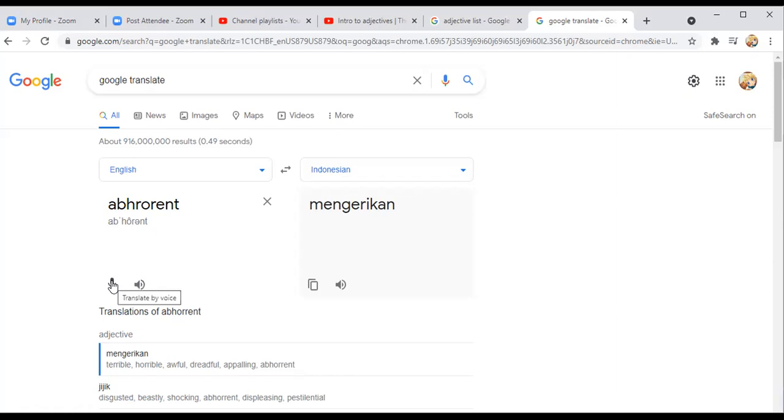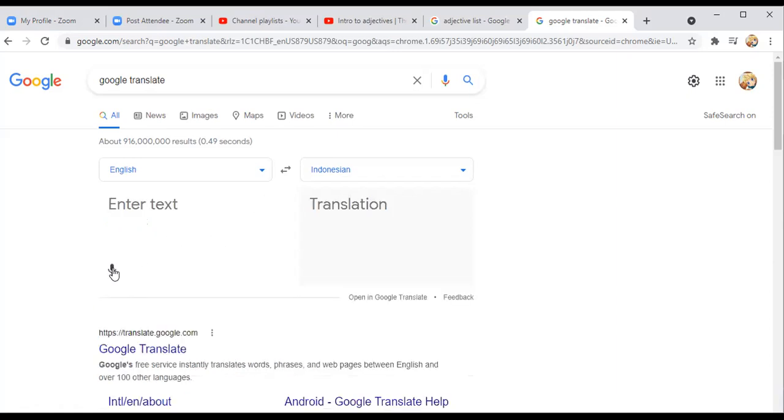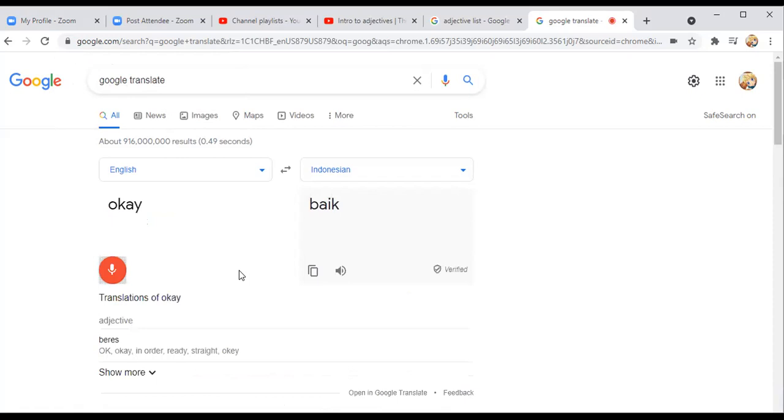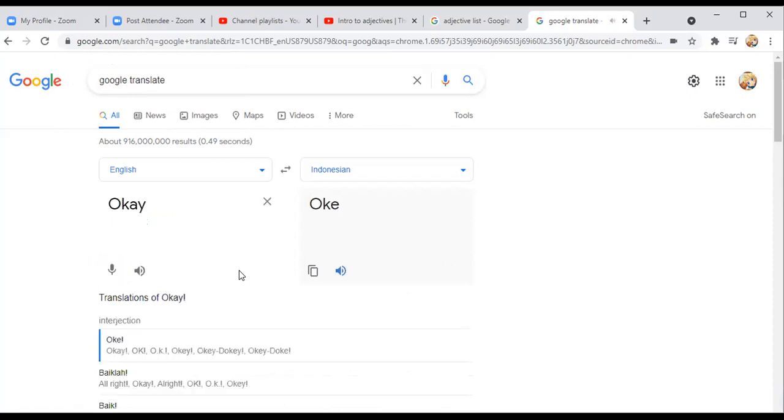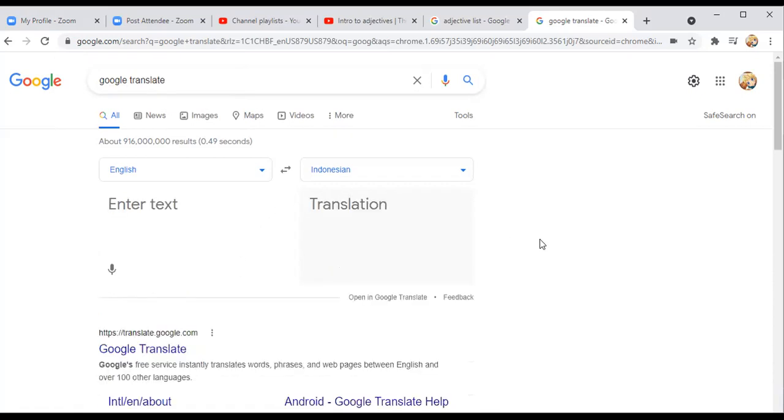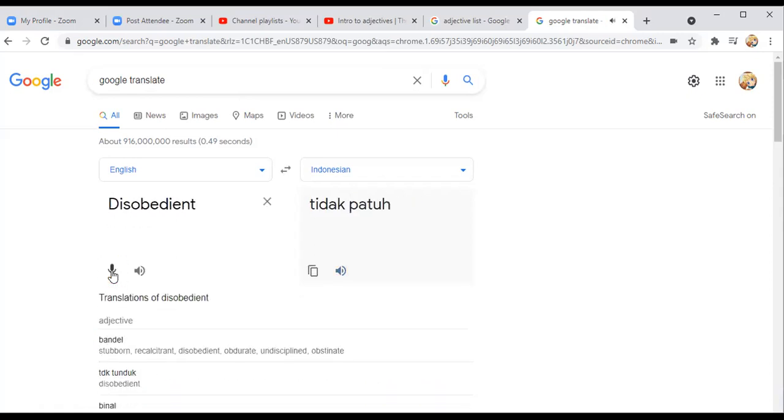And I think you also see, you can even translate it with voice. Let me try. Use microphone, allow. Okay. See? Okay. Disobedient. Oh, sorry. Disobedient. Tidak patuh.